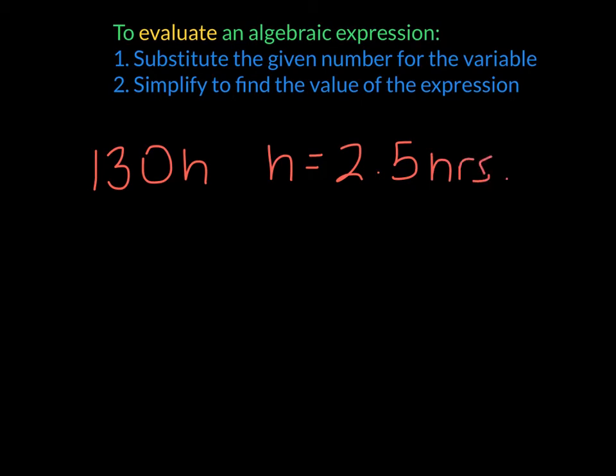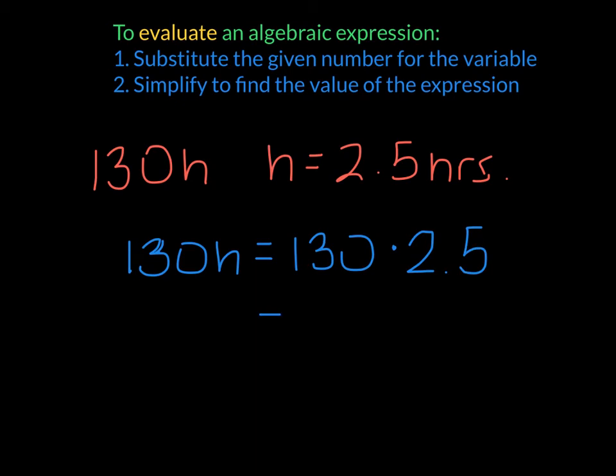So with our steps, we would write that out. 130h equals 130 times, I'm using the dot here for my multiplying, 2.5, because now I'm substituting the given number for the variable, 2.5.